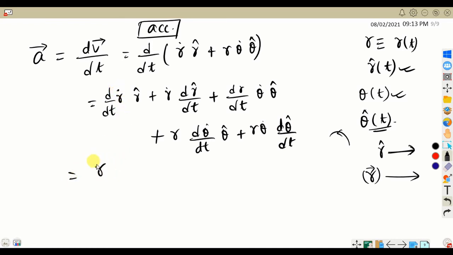Again, I am going to note this thing, r double dot, because now d r dot over dt is telling you that this quantity is again a derivative with respect to time.